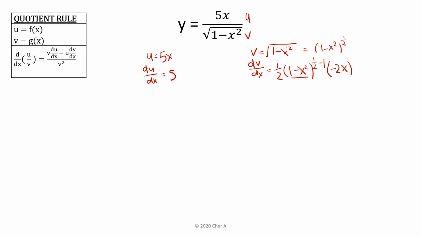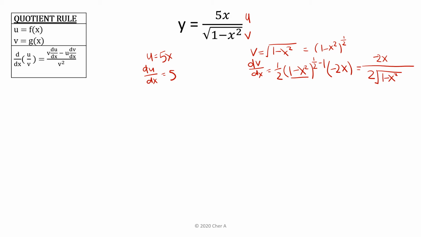Let me just clean this up a bit. Minus 2x on top, 2 below, and my 1 minus x squared will be to the power of negative half, so I'm going to bring it down so that it will be in square root and positive square root.